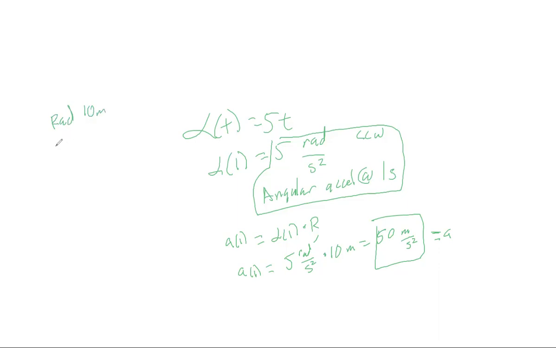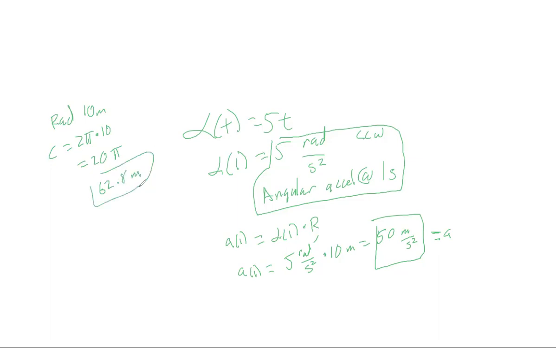Therefore, the circumference is 2 pi times 10, which is 20 pi, about 62.8 meters.